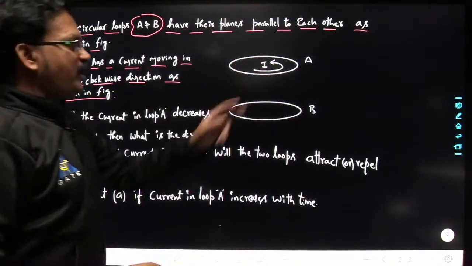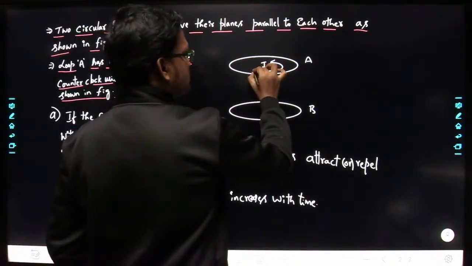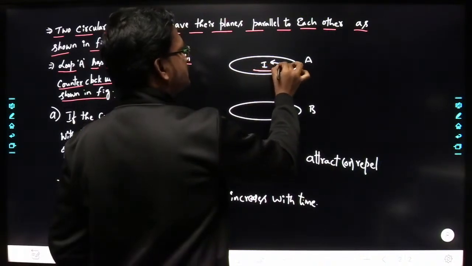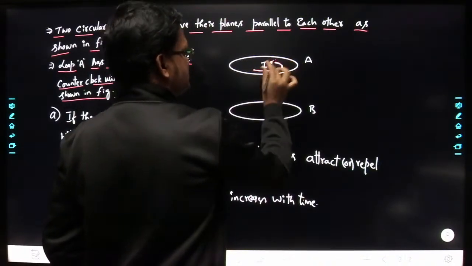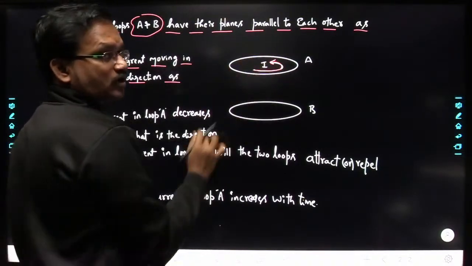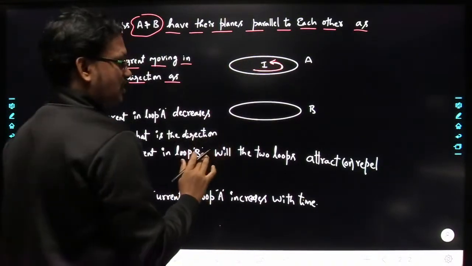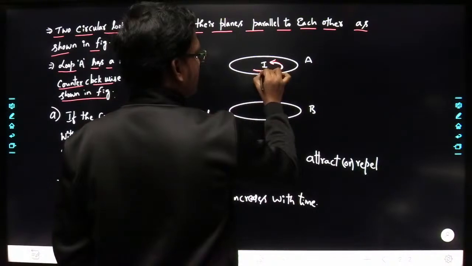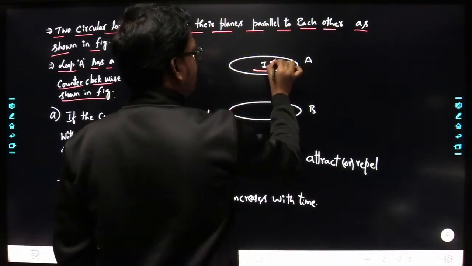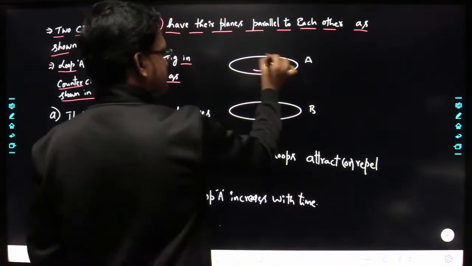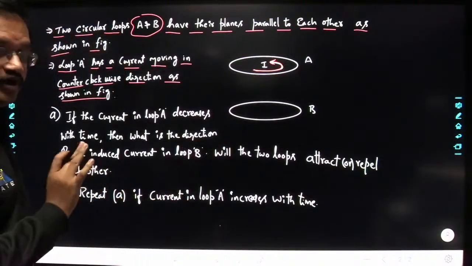So in loop A, the current is flowing in counterclockwise direction. That means this direction you have to consider as counterclockwise or anti-clockwise. So the current is flowing in anti-clockwise direction in this manner in loop A, right?